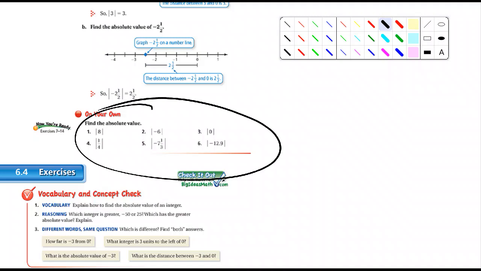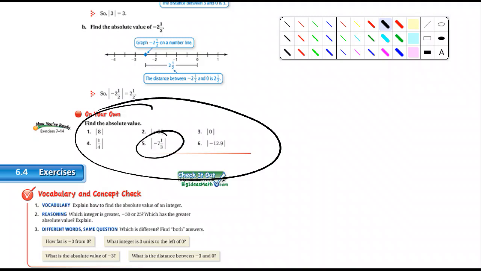Mr. Salcedo, what's the absolute value of negative 7 and 1/3? 7. Say it again. If not, look in your book. I'm asking about number 5.